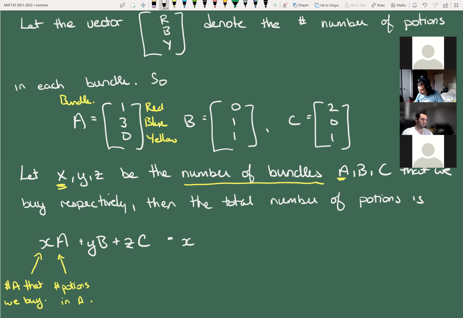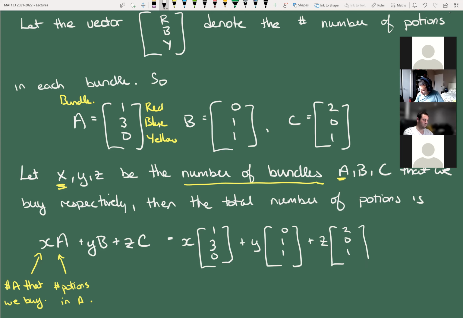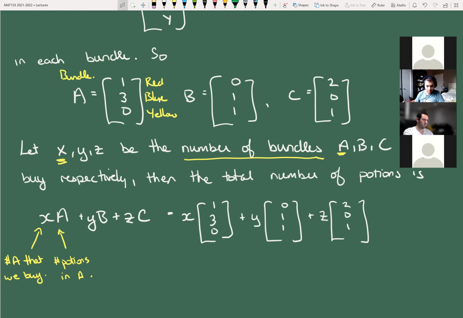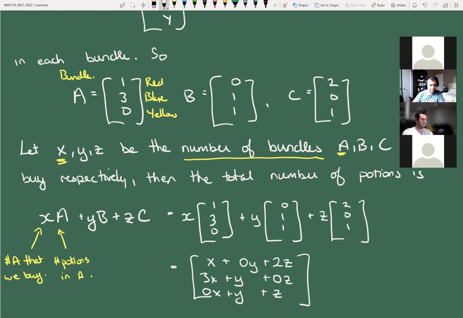So let's put everything in. 1, 3, 0 plus Y 0, 1, 1 plus Z 2, 0, 1, like that. And if we combine them, we get that.